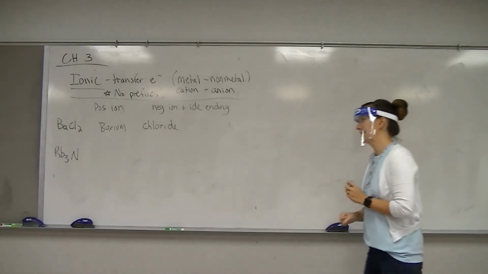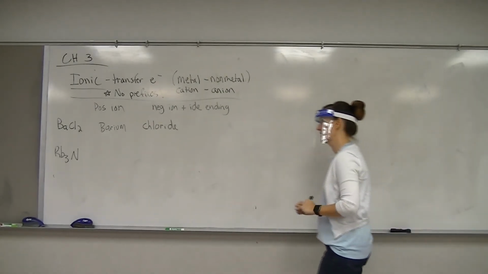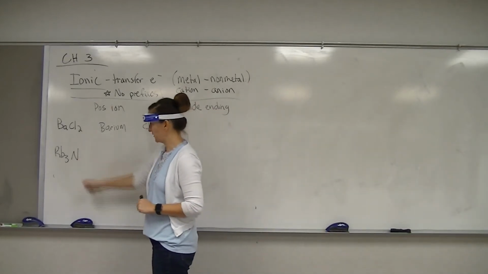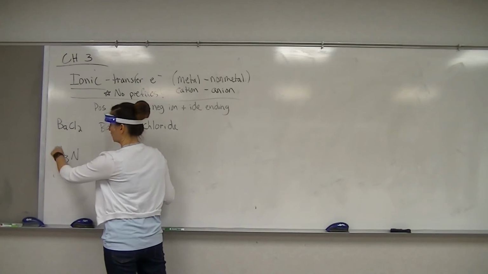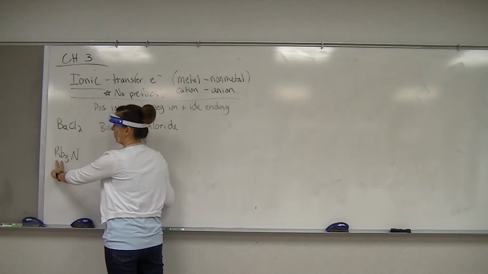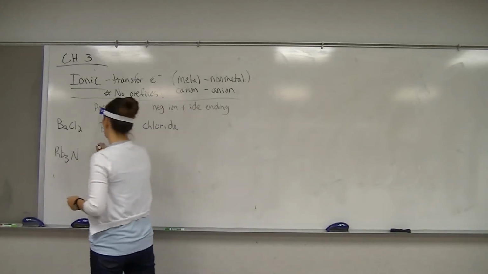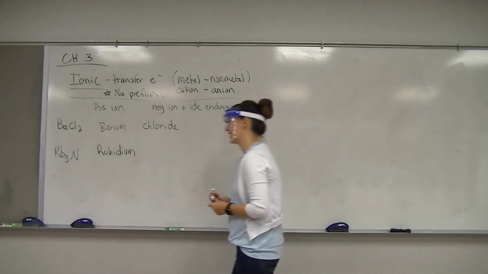All right, so rubidium. So I almost named it. So we have 3 rubidiums, and it's attached to nitrogen. So the rubidium is the metal portion, the cation portion, the positive ion. Rubidium is an alkali metal, so it's a main group metal in group 1. When I find it on the periodic table, rubidium, which I might be spelling it wrong, just name it exactly how it is.